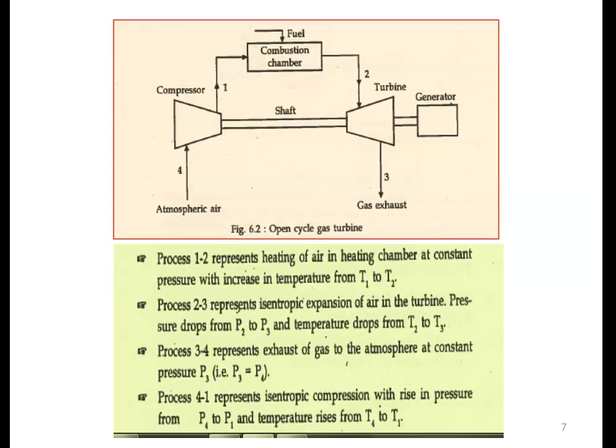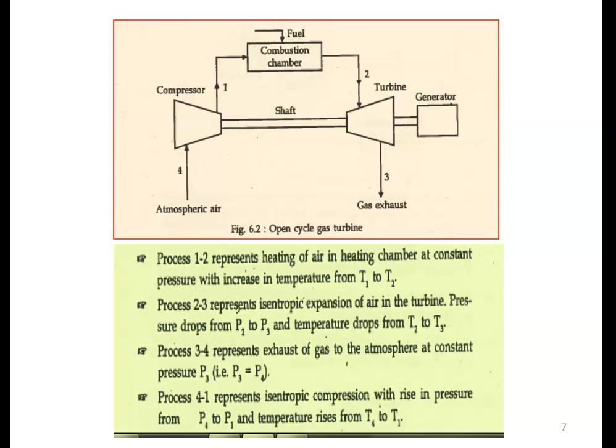It also has a compressor, combustion chamber, turbine, generator, and atmospheric air enters one side, and gas is exhausted to the atmosphere. But in the closed cycle gas turbine, the air is continuously circulated. That means it is not exhausted to the atmosphere, but here the air is exhausted to the atmosphere. That's why it is called an open cycle gas turbine.